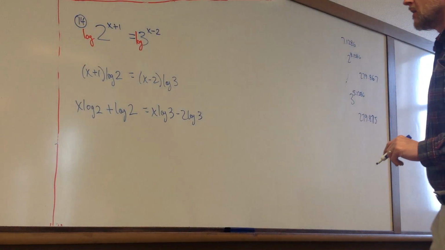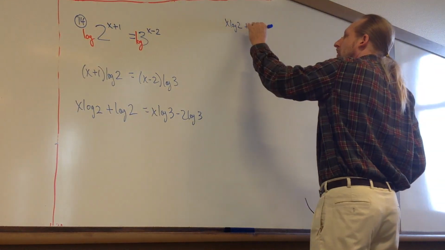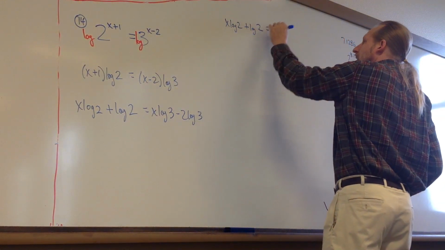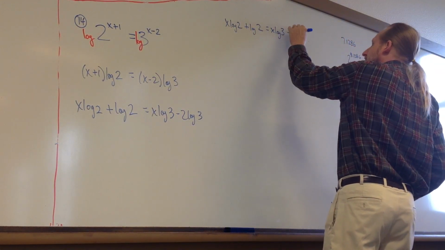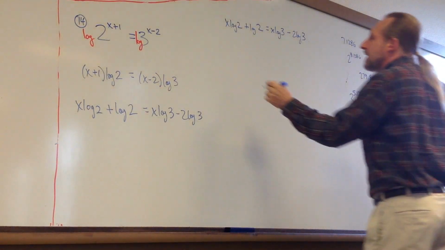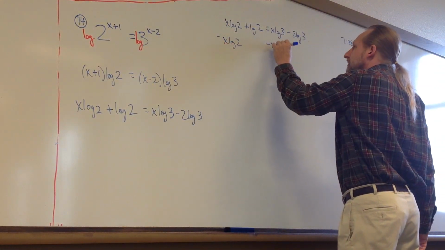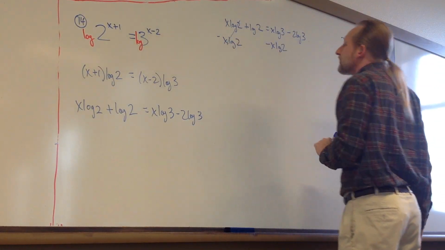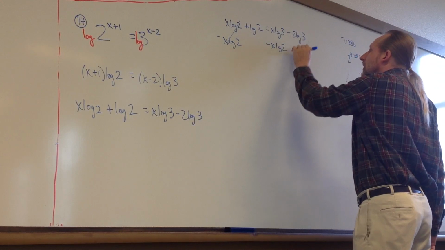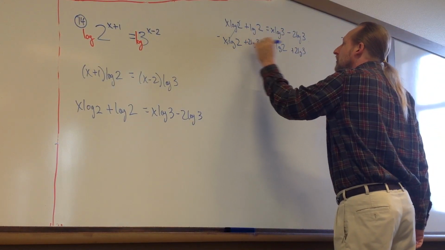In a similar way that we did in the previous method, I'm going to subtract this x log 2 on both sides, and then also I'll add the 2 log 3 to both sides.